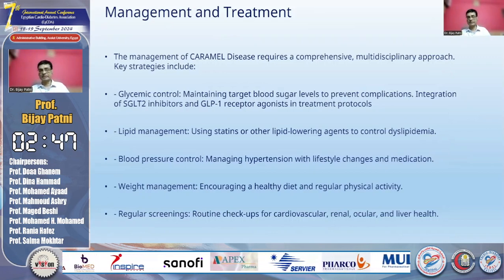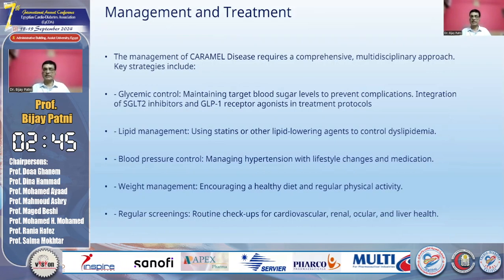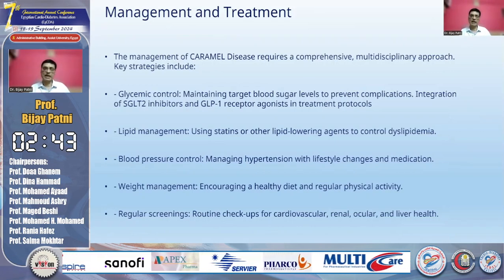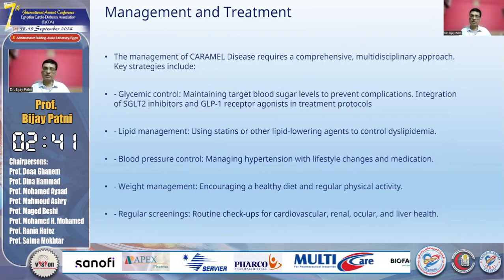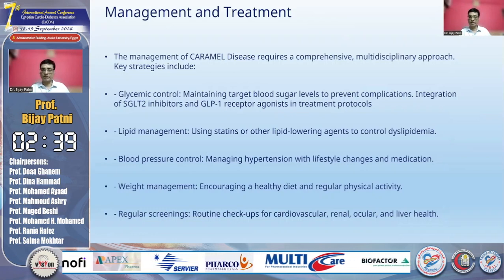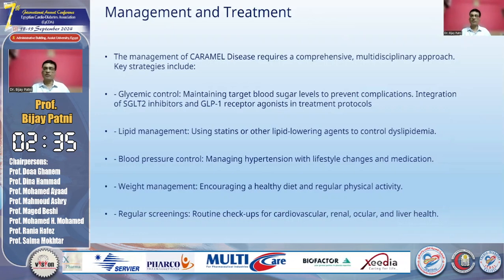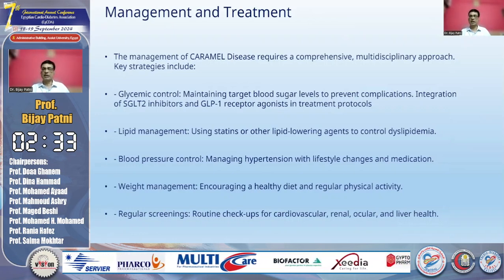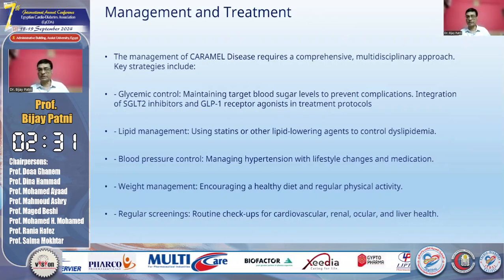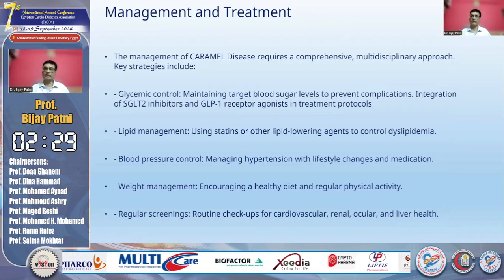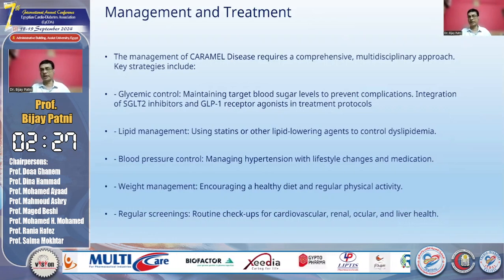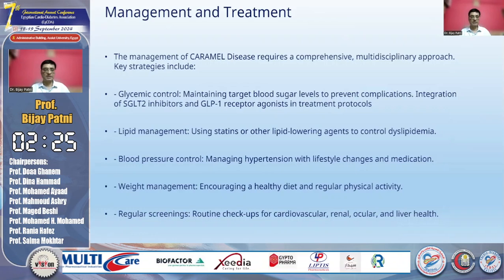Lipid management is very important. You have to use statins or other lipid lowering agents if the patient is statin intolerant. Blood pressure control also is important with both pharmacological and non-pharmacological measures. Weight reduction is of utmost importance if you want to have a good positive outcome in these kinds of conditions.